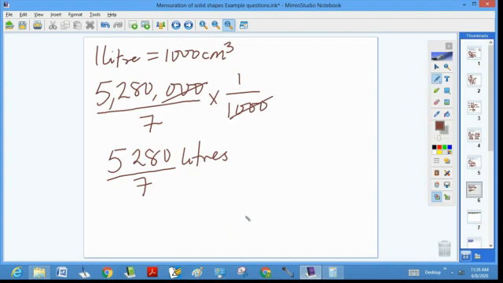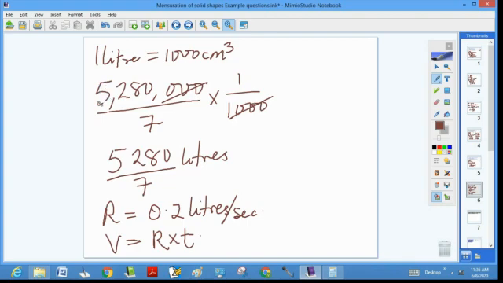Again, we are given that R, the rate of flow, is 0.2 liters per second, and we also know that volume is equal to rate times time.